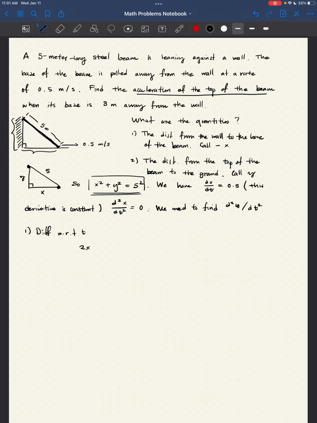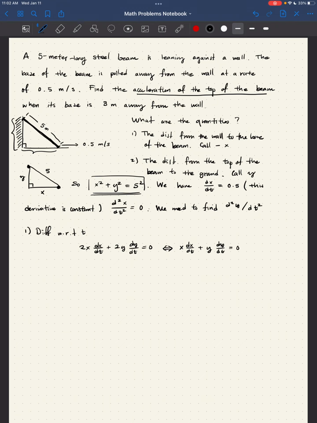We have 2x dx/dt plus 2y dy/dt is equal to 0. Or equivalently, we have that x dx/dt plus y dy/dt is equal to 0.